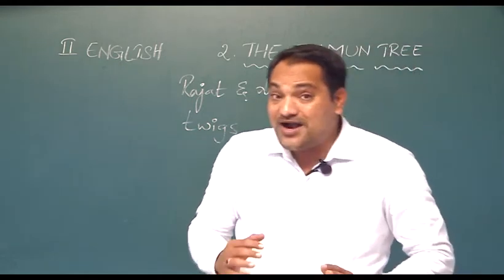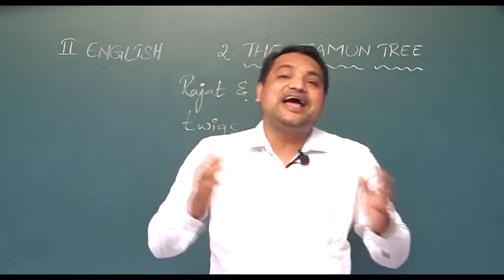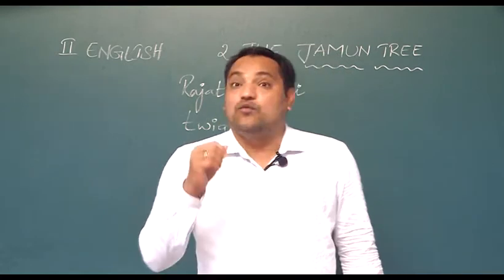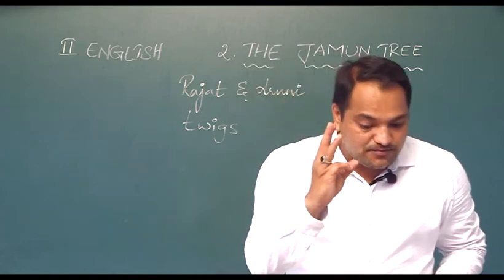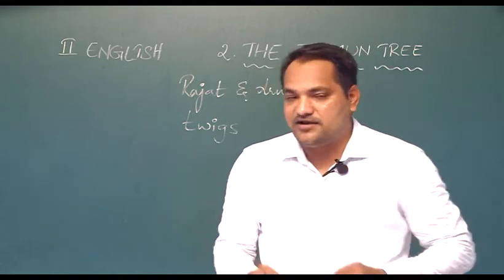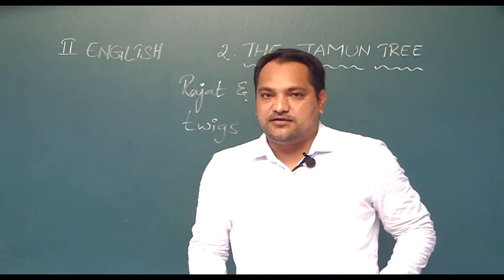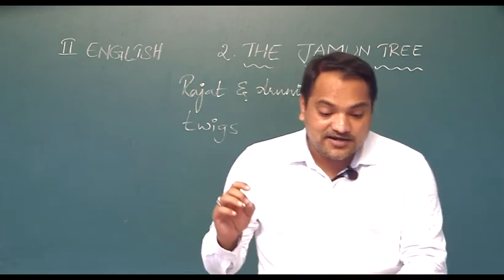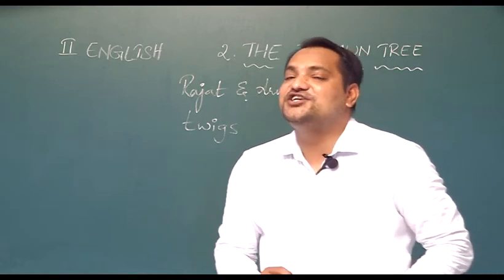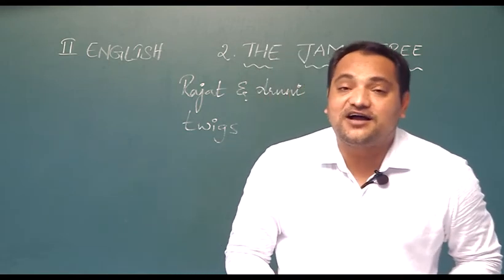So, one morning when Rajat and Aruni were playing, what did they notice? They found that three people, three men, strange men, were found where? At Ramu Chacha's tea shop. Who's Chacha?